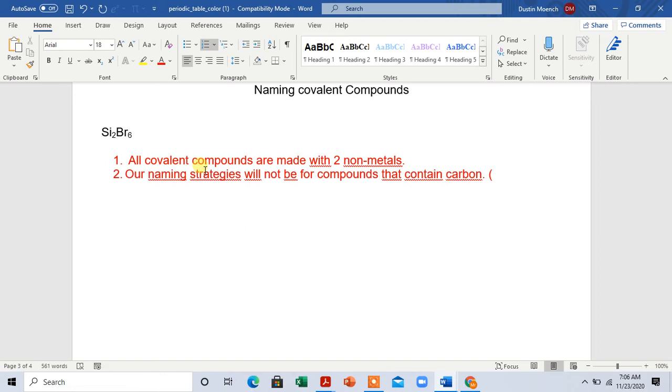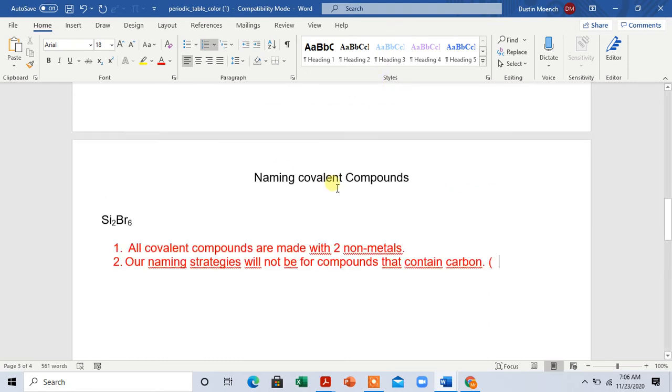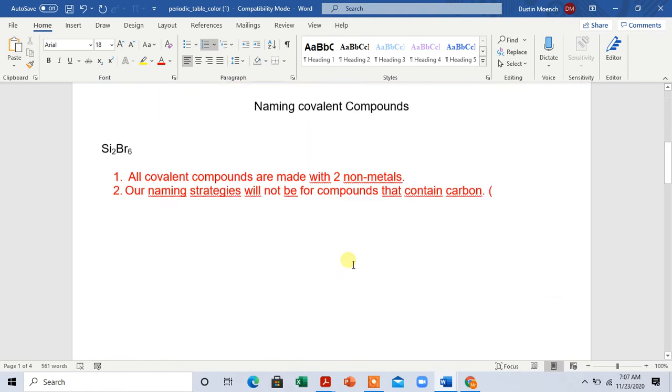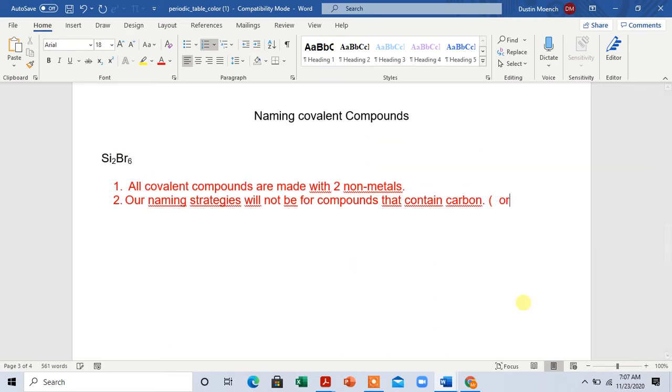And since this year we're largely not going to deal with a lot of organic compounds in our reactions, maybe besides alcohols, it's not super important for us to talk about. So while carbon is a nonmetal, we're not really going to deal with it as far as how we name things. Organic naming is a separate thing.